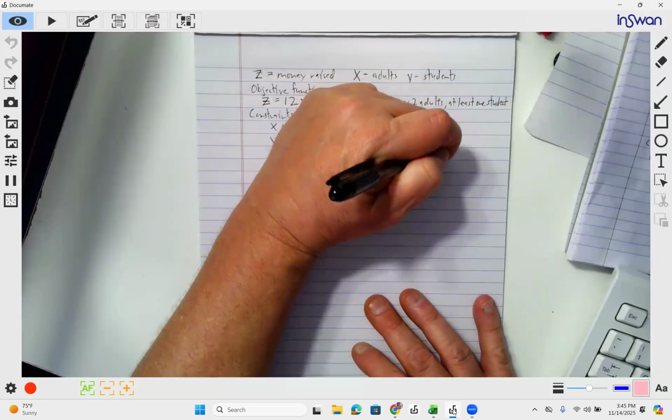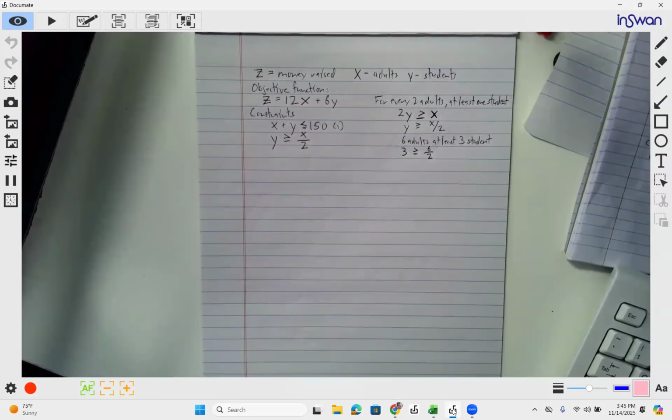So if y is equal to 3, that's my students, then that's got to be greater than 6 over 2, right? So that's kind of like how I figured it out. I had to throw some numbers in there to just try to make that work. But ultimately, I came up with y is greater than or equal to x over 2.